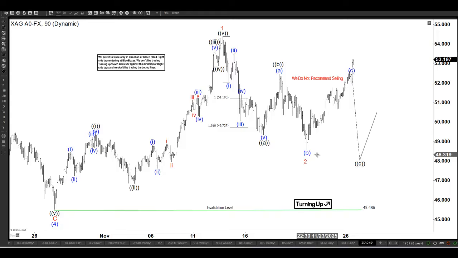Right? Don't bother. Don't pay attention. Every put back in gold and silver is an opportunity to buy.